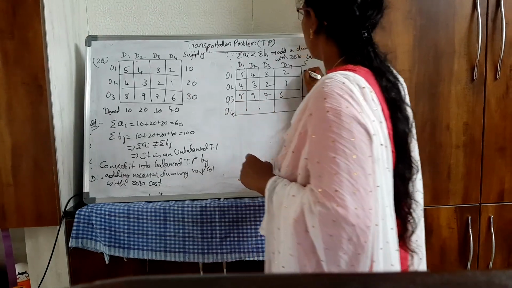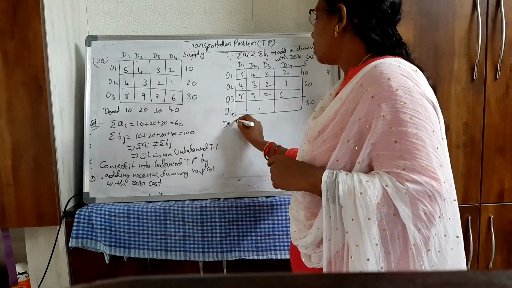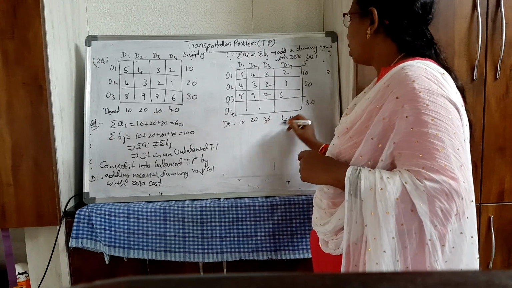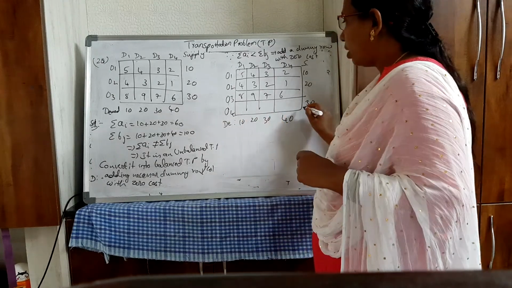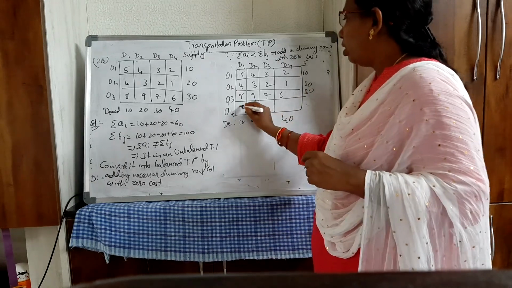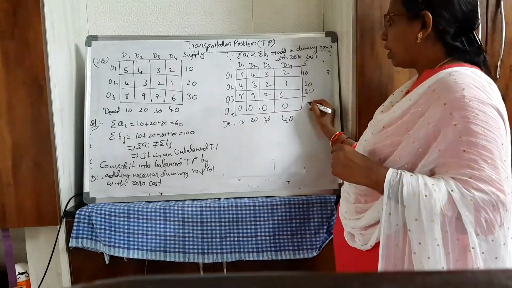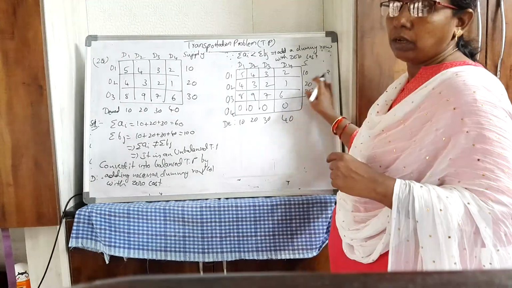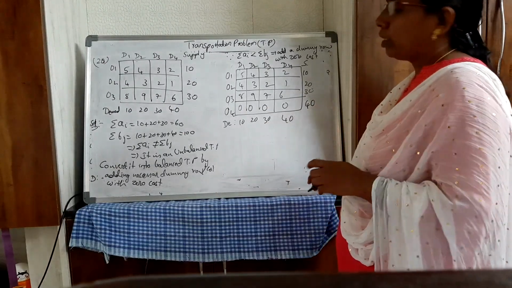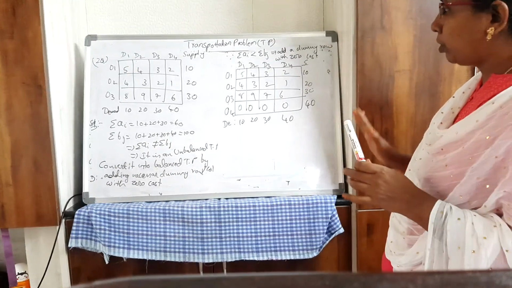Supply is given as 10, 20, 30. Demand is given as 10, 20, 30 and 40. So here I am adding a dummy row whose cost is 0, and this value will be the difference of these two totals. So how much is the deficit? 40 is the deficit. Now I have converted this into a balanced transportation problem.